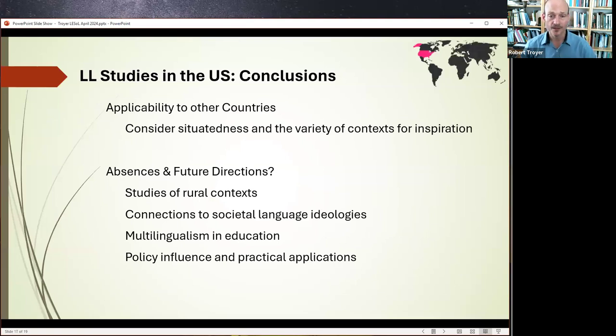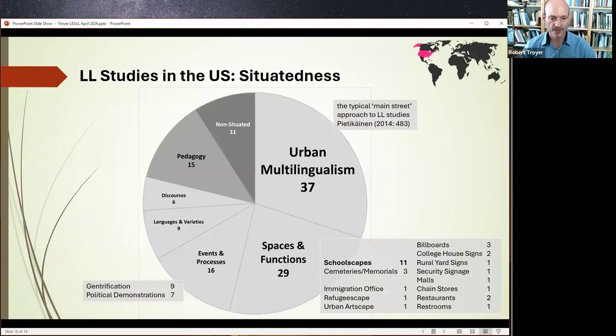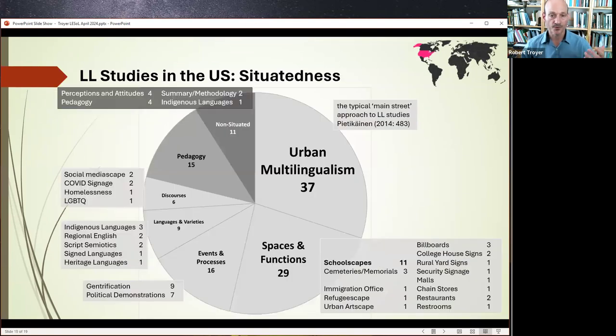So, some conclusions. I hope that what I've presented here is something you can find some applicability to in other countries, for example, in Greece. Consider how we are situating a linguistic landscape study in a local context, and what the possibilities are.